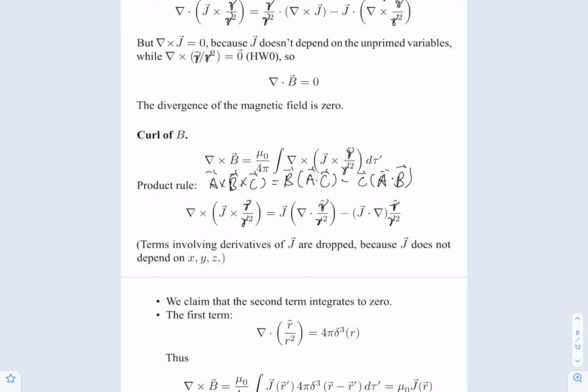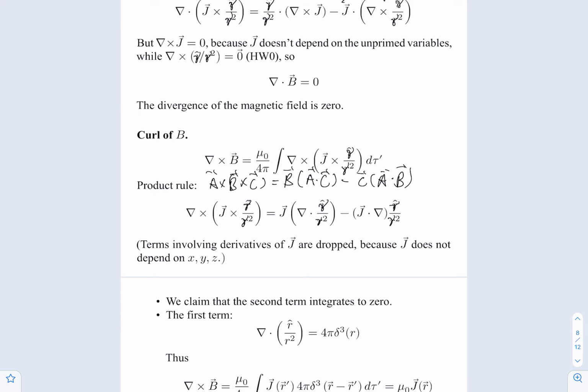And here, because there is a del operator, the expression for this BAC-CAB rule needs to be modified, because this del needs to be applied to both J and the function here.